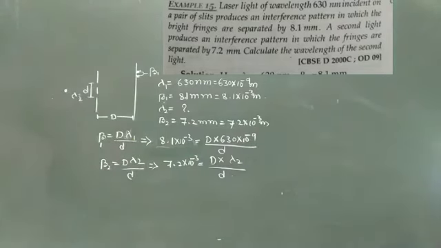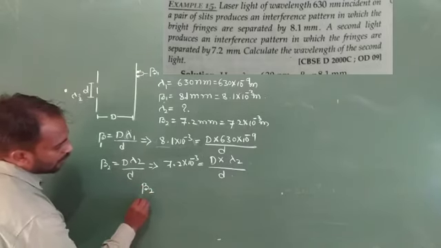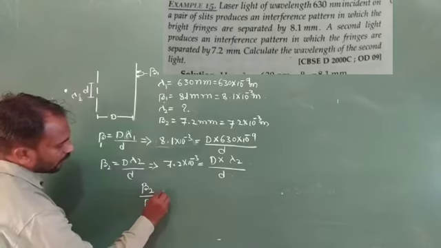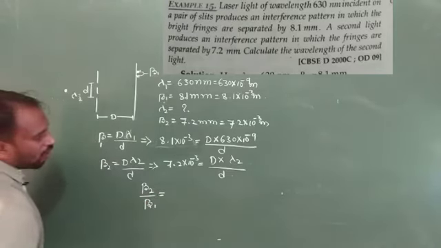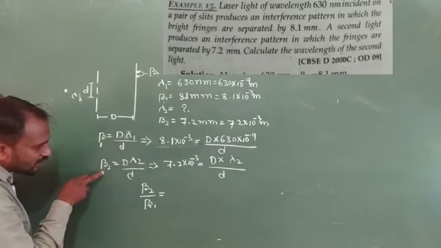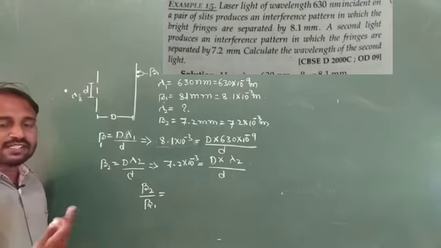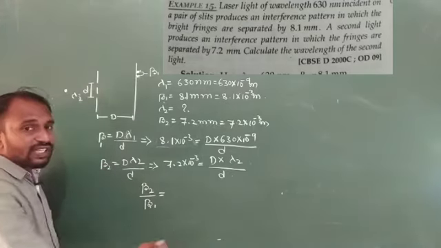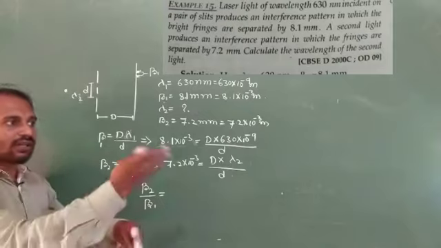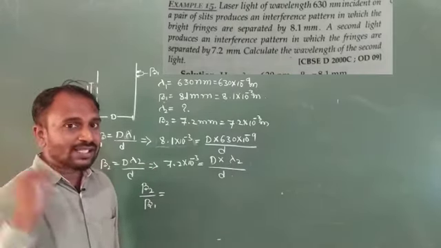So dividing equation 2 by 1, it means beta 2 divided by beta 1. Here beta is directly proportional to lambda, it means fringe width is directly proportional to the wavelength. When the fringe width value increases, the wavelength value also increases. Suppose the given light ray wavelength is maximum, then here we get a maximum fringe width.